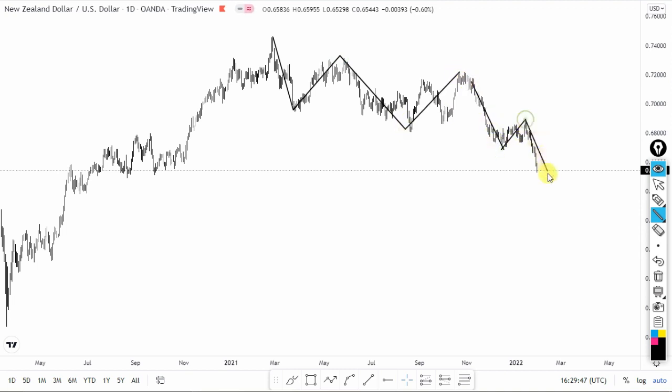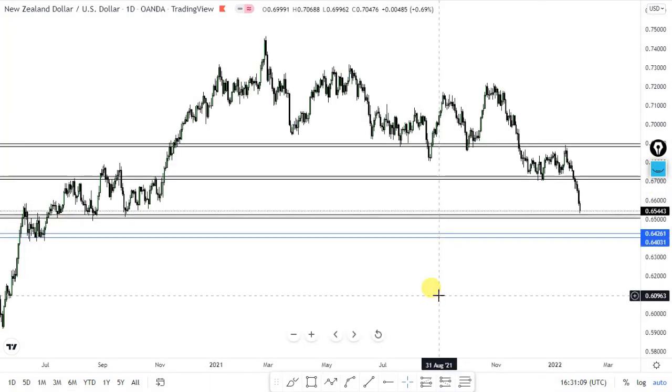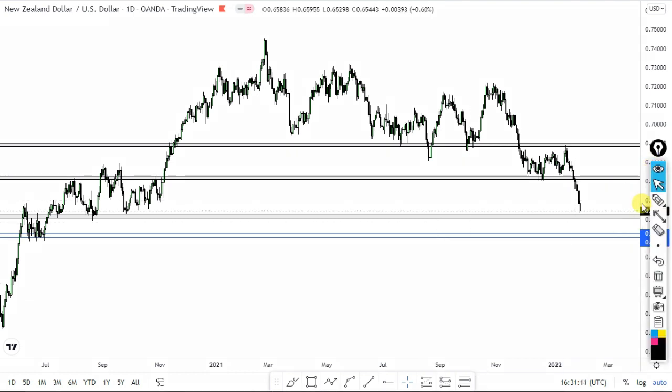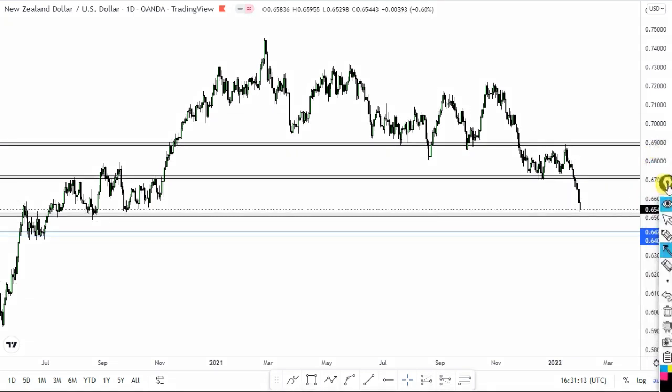Current trend is in down direction. Let's see our trade opportunity. Let's find our weekly trade opportunity. Market is near to its major support zone.